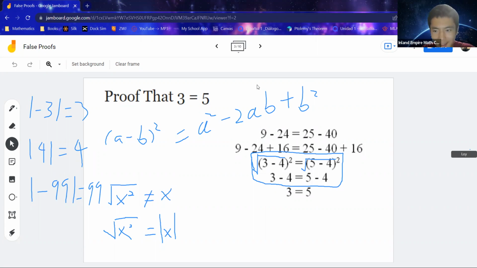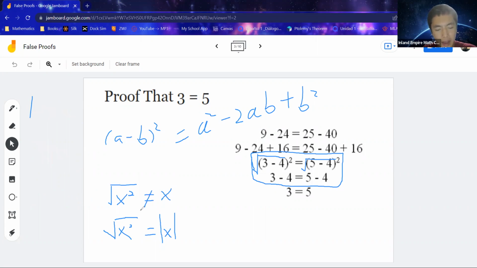Okay, yeah, you got it. That's good. All right, but anyways, in general, the square root of x squared is not equal to x. It's equal to the absolute value of x. Because when we define the square root function, this little symbol right here, what we're really saying is it gives the positive number that squares to x squared, right?